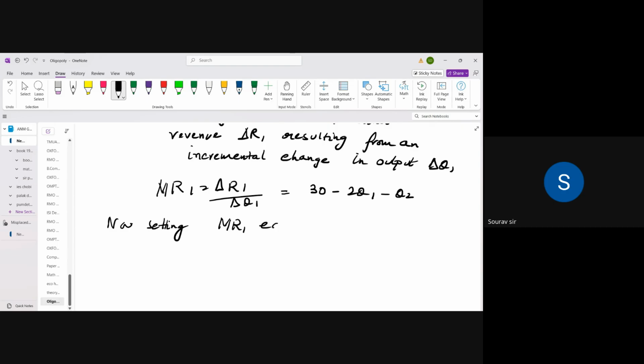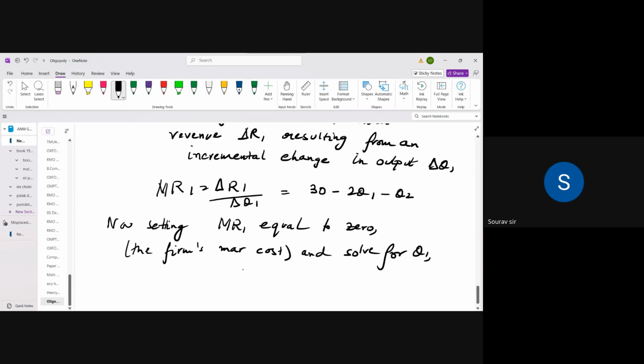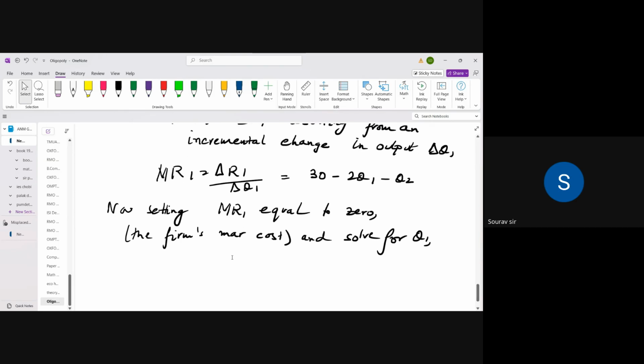Now, setting MR1 equal to 0, which is the firm's marginal cost, and solving for Q1, what do we find? Firm 1's reaction curve.